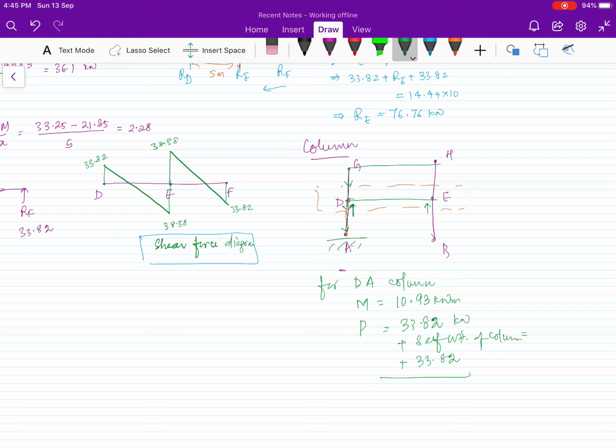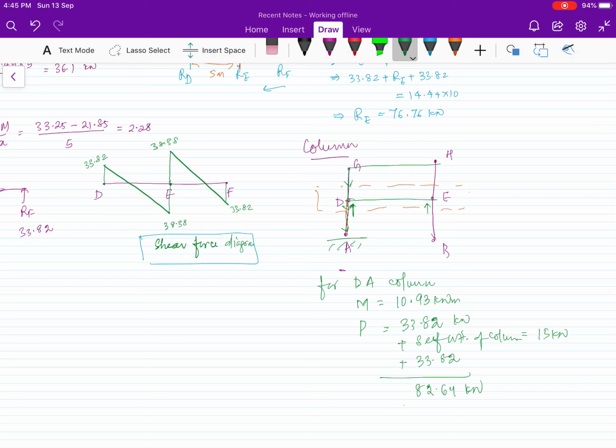If you remember, the self weight of the column that we calculated was 15 kilonewton: 25 unit weight into 0.4 into 0.3, because we have taken 400 cross 500 dimension, into 3 meter length, so plus 15. So your axial force will be 33.82 twice plus 15, 82.64.